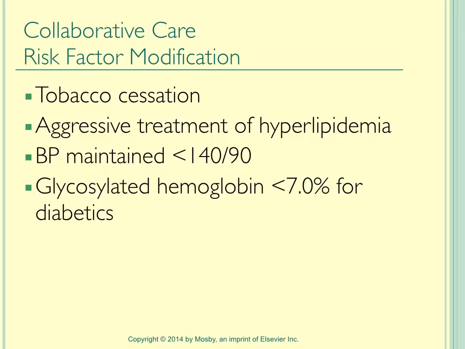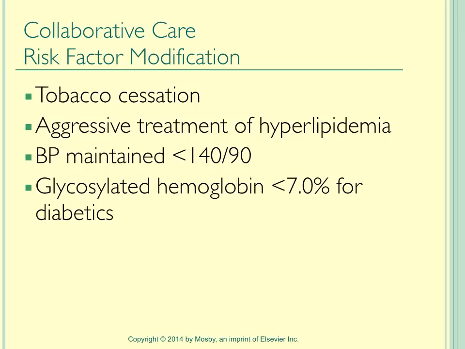Because the peripheral arterial disease has a deep relation with cardiovascular disease, and because of the high risk for MI, ischemic stroke, and also CVD related deaths, the first treatment goal is to aggressively modify the cardiovascular risk factors in all patients with peripheral arterial disease.